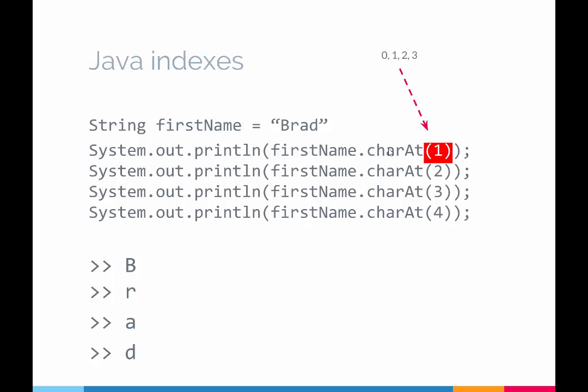So this should actually be 0, 1, 2, 3. Okay. This will give you an error. So just note, Java indexes are zero based. Length is 1 based. So if we said the length of that, it would be 4. But if we want to iterate through it, we need to iterate from 0 to length minus 1.